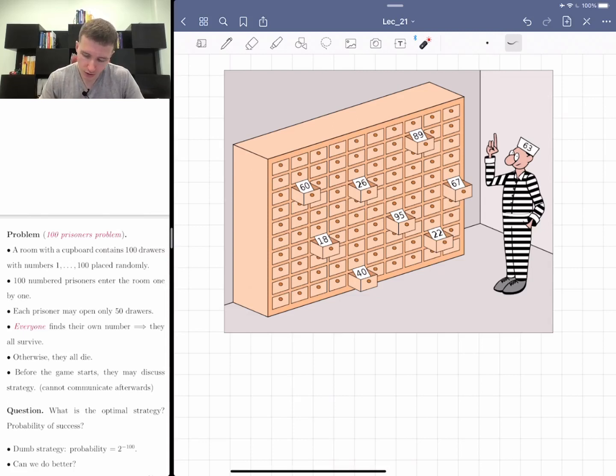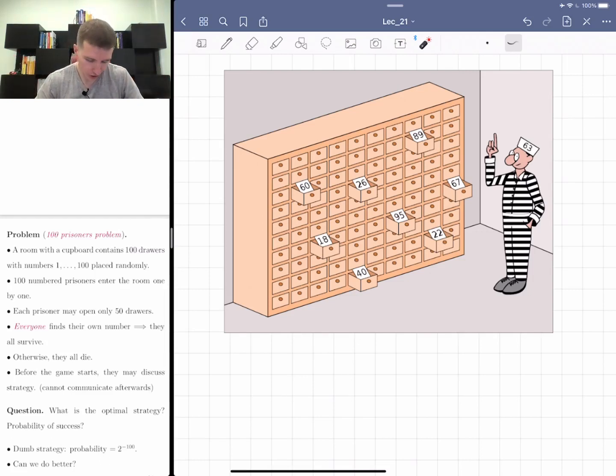Each prisoner comes into the room and is allowed to open exactly 50 drawers. If they find their own number, then they win. If at least one prisoner does not find his own number, then all prisoners lose. Otherwise, they all win.